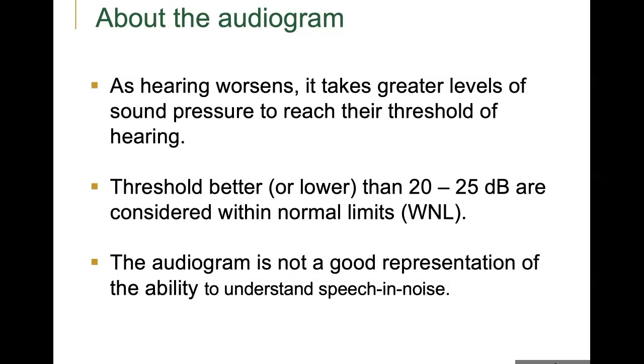Mild is 26 to 40, moderate 41 to 55 dB, moderately severe 56 to 70 dB, severe 71 to 90 dB, and profound 91 dB or more. Those are the categories for characterizing hearing loss usually among adults.